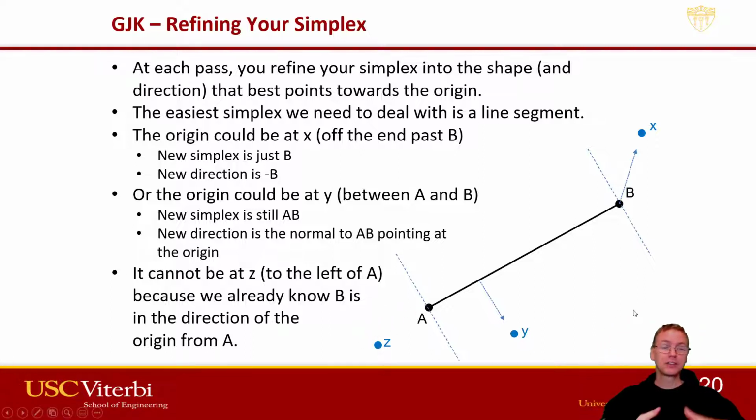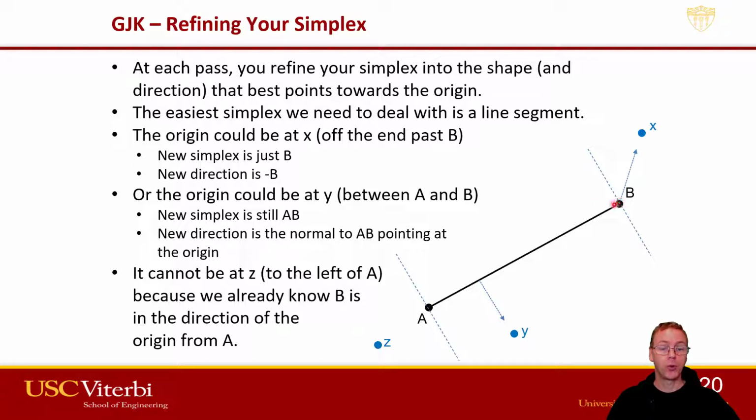This diagram should be bringing to mind stuff we talked about a few lectures ago when we talked about math problems you need to know how to solve. I'm asking, what is the closest point on this line segment to the origin? I have another point, the origin, and I want to know where on this line segment is closest to the origin.